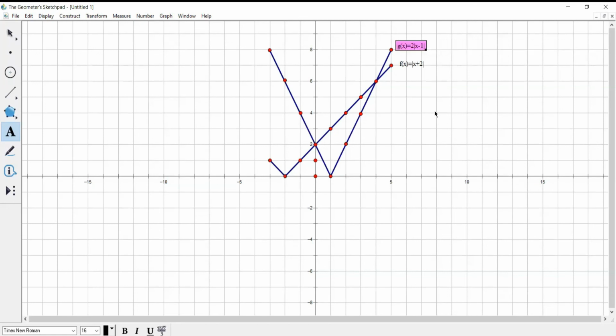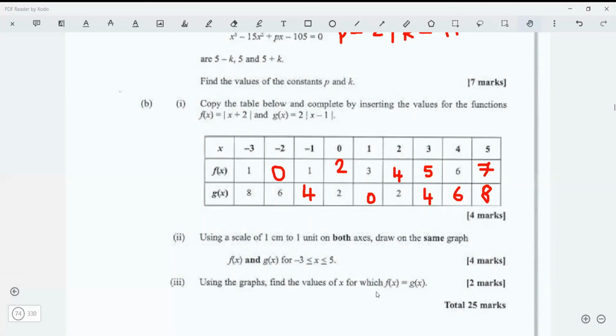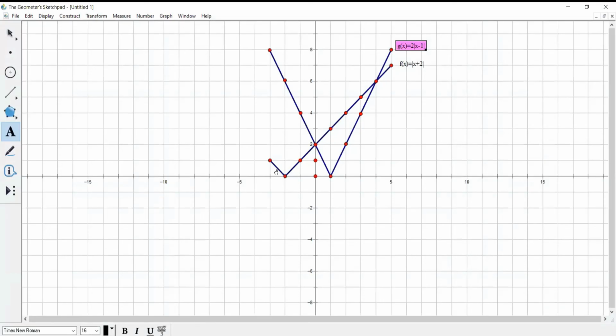All right, now Marika, it says using your graph, find the values of x for which f of x equals g of x. So look at this graph and tell me where f of x equals g of x. Tell me the values.